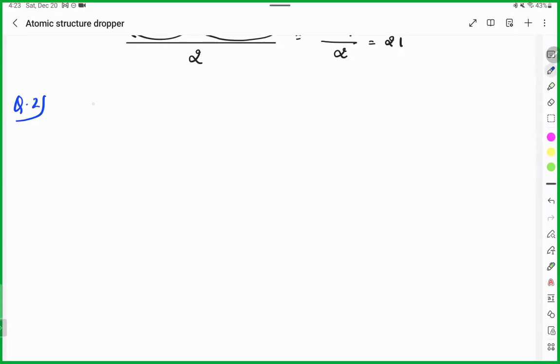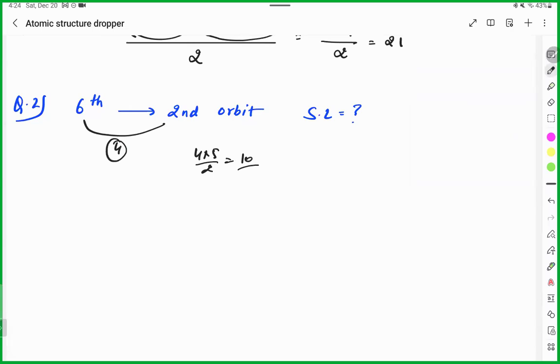I will write: if an electron moves from the 6th to the 2nd orbit, calculate the total number of spectral lines. 15.